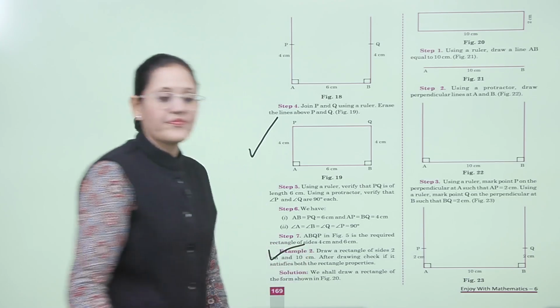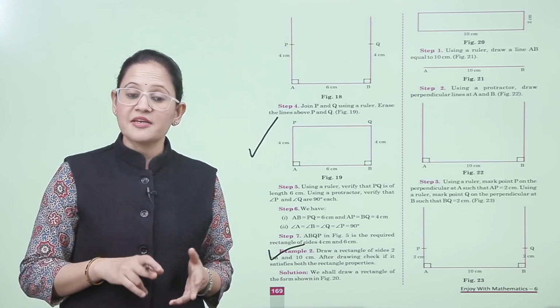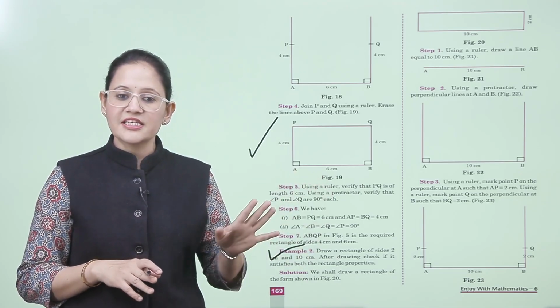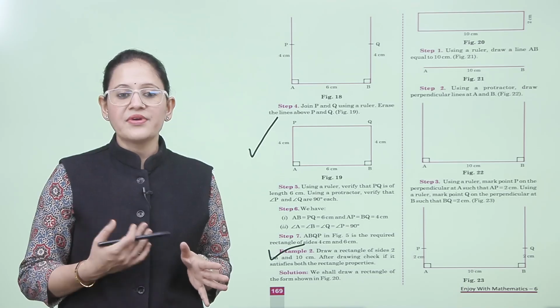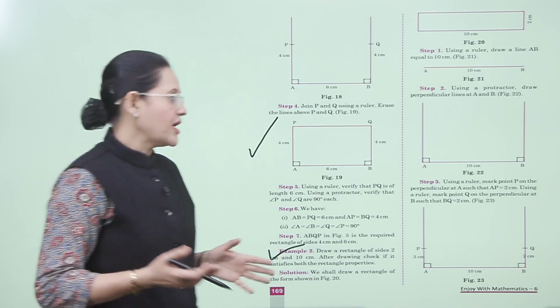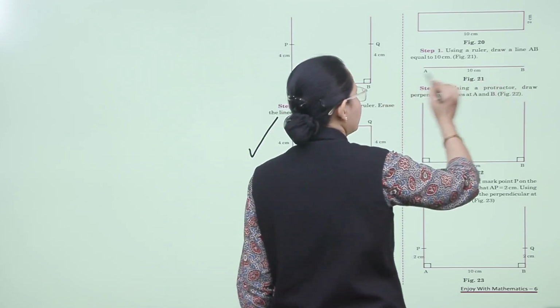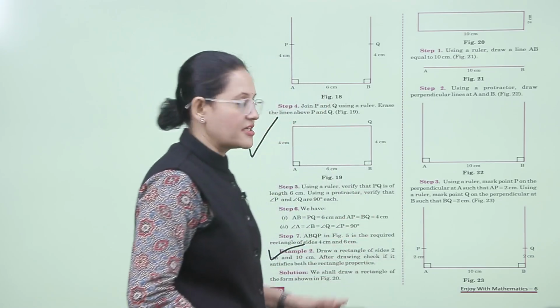Next example. Draw a rectangle with sides 2 cm and 10 cm. So sides are given as 2 and 10 cm. After drawing, check if it satisfies both the rectangle properties. So what we have to do? First, using the ruler, we'll draw a line segment AB equal to 10 centimeters.